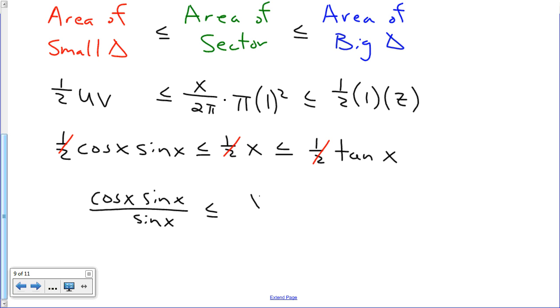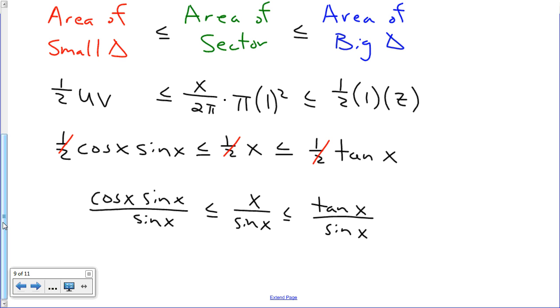I'll divide this middle term here by the sine of x. And I'll divide the last term here, which is tangent of x, over the sine of x. Now, I don't quite have in the middle what I wanted. I wanted sine of x over x, but I have the reciprocal of it, so we're close.